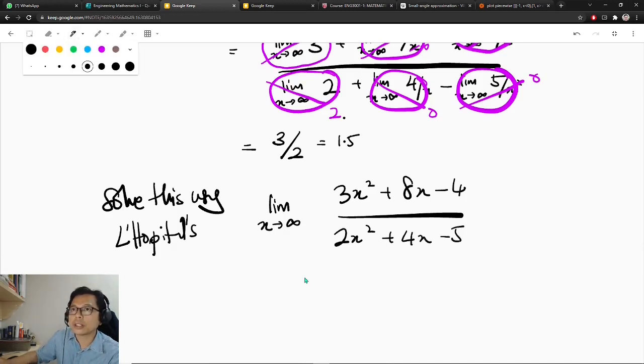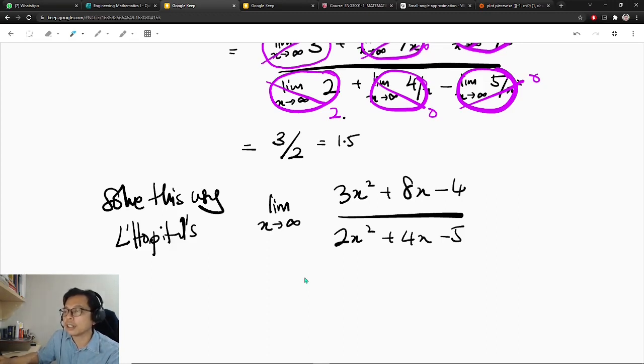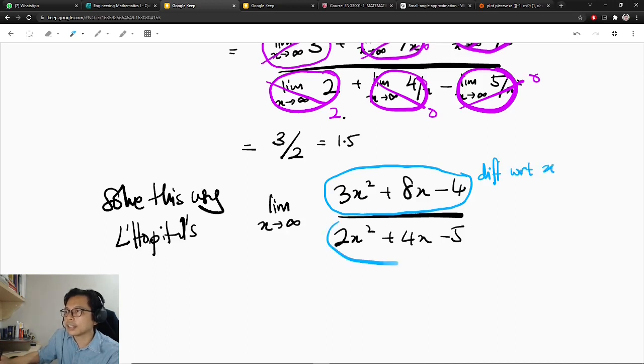L'Hopital's idea is you can find the limit easier if you differentiate the numerator with respect to x, and similarly the denominator you differentiate with respect to x also.